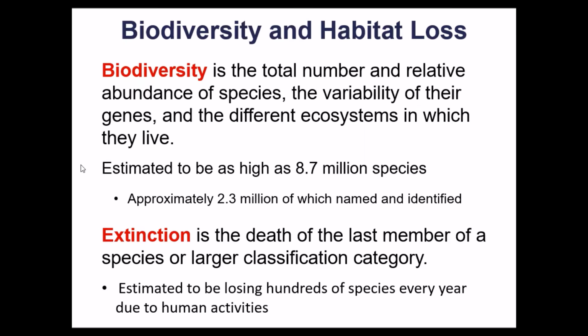And then extinction, of course. Everybody knows extinction is the death of the last member of a species. That's just your book definition there, or larger classification category. And they estimate that hundreds of species every year go extinct and are not able to be preserved.